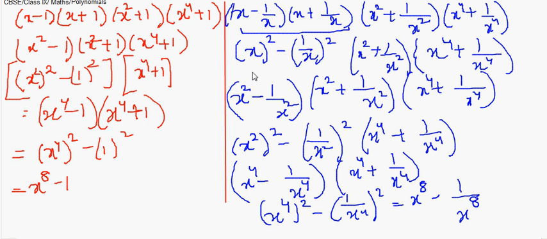Now, applying the identities, we might just be asked to find the value of some arithmetical calculations. Like I take up one such on the next page. Suppose we have to calculate 103 into 97. We need not calculate it directly. It says apply the identities. To apply the identities, we have to give this a format like 103 can be expanded as 100 plus 3.